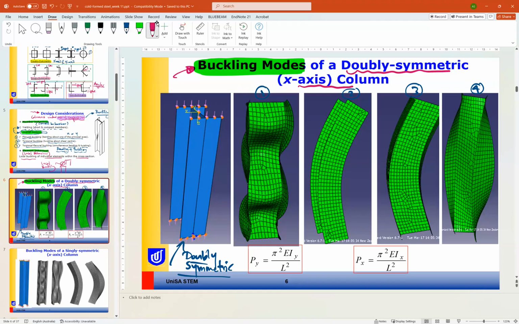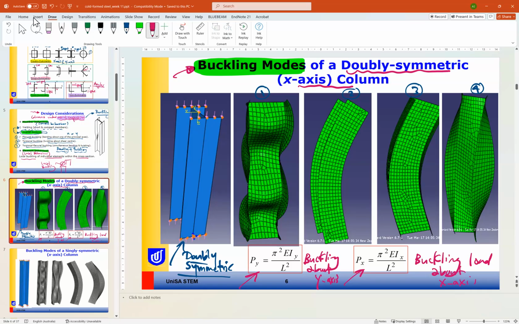Here, as you can see, this is the Euler load or buckling load for buckling about the Y axis, and this one is the Euler or buckling load for buckling about the X axis.